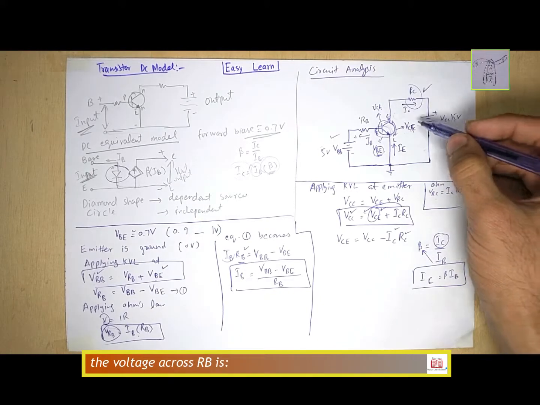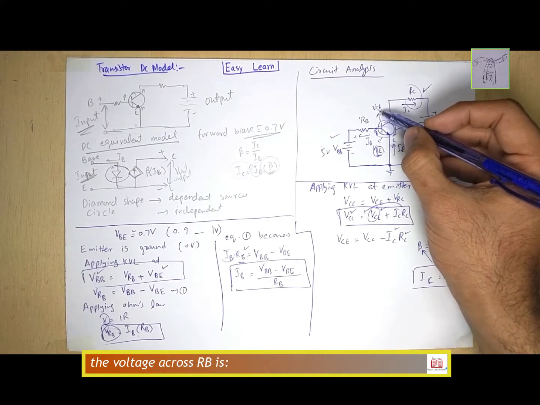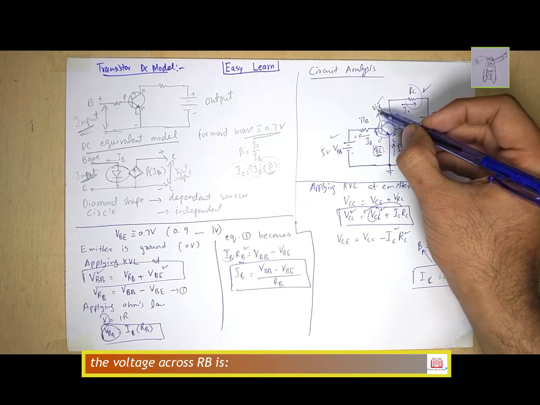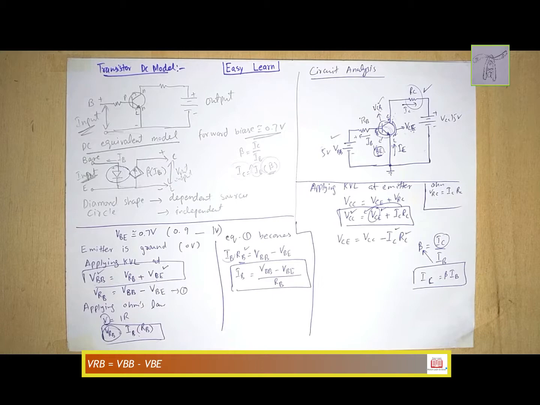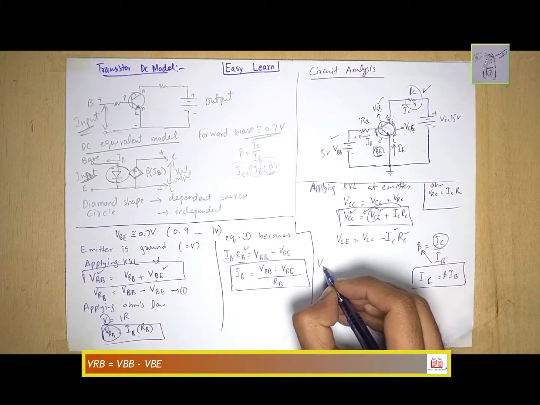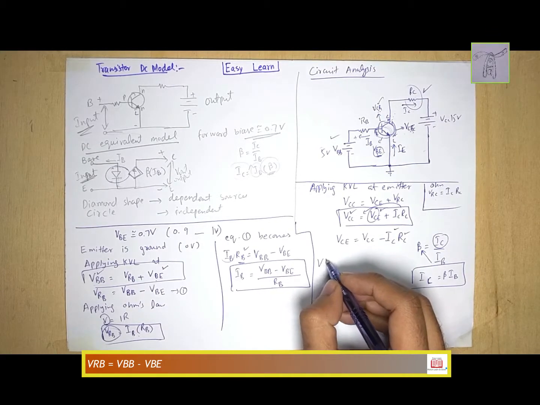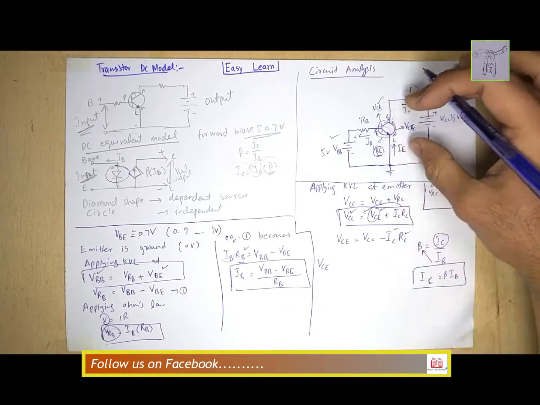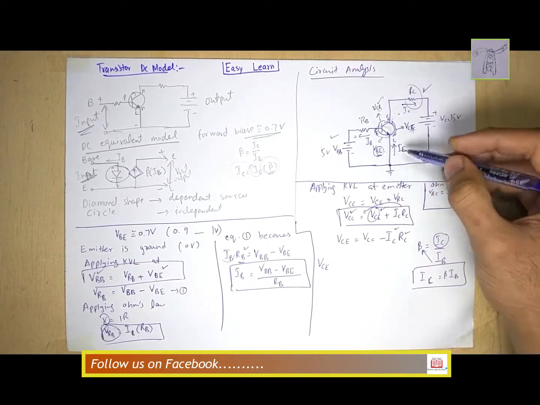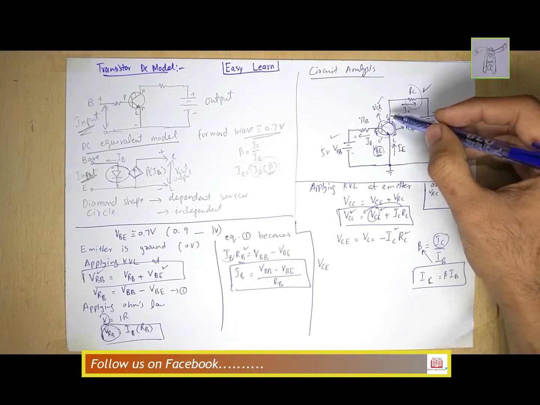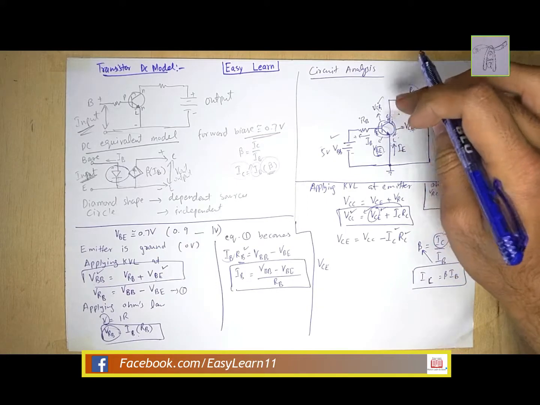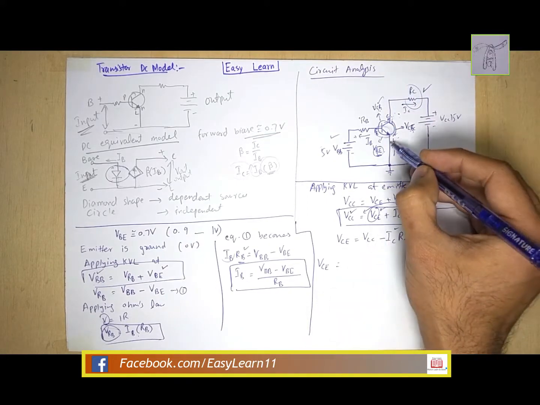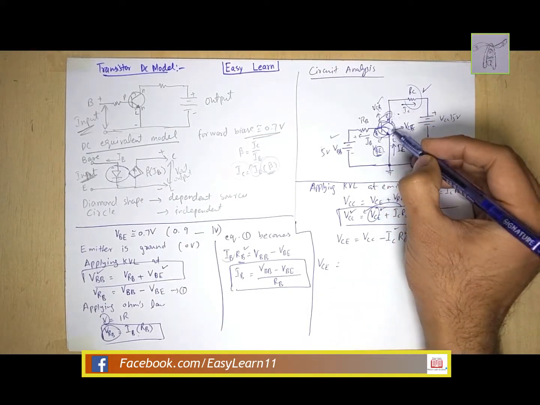So at the end we now want to calculate this quantity. If we want to calculate the voltage across the collector base junction, the voltage across CB, we have to calculate VCE. CE means the voltage at collector and emitter, overall these are the two points. The voltage at collector and emitter is equal to this and this.